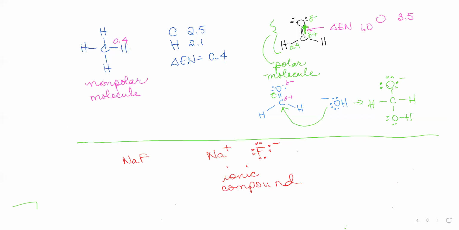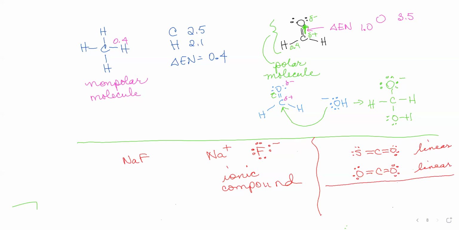Just bear in mind, let me go back, that the asymmetry isn't just with electronegativities. So here is an example of a polar molecule versus a nonpolar molecule. These have the same symmetrical geometry. They're both linear, but this has to do with the magnitude of the difference in electronegativities.